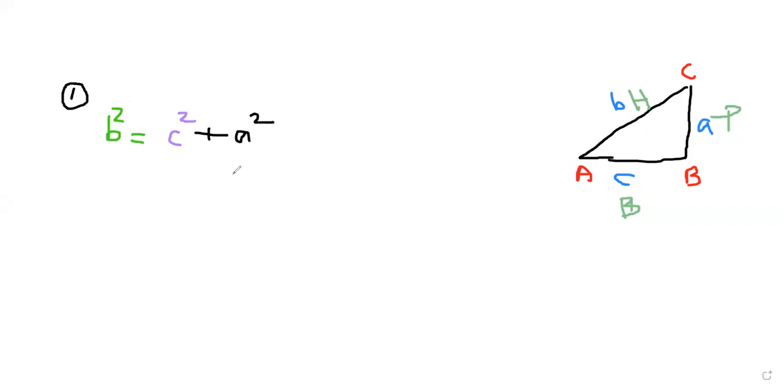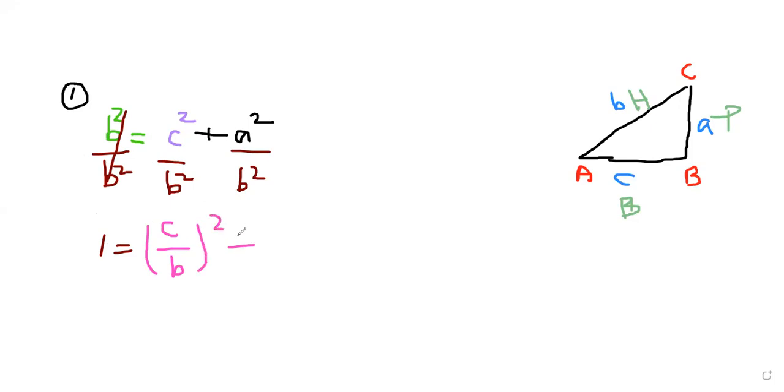If I divide both sides of this equation by b square, b square over b square cancels out to 1, and we can write c square over b square as c over b whole square plus a over b whole square.